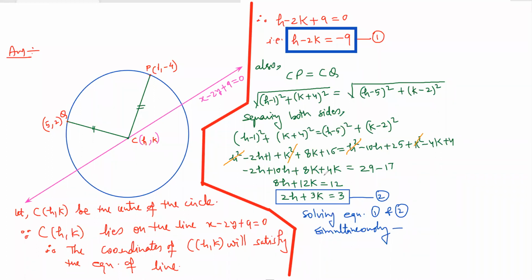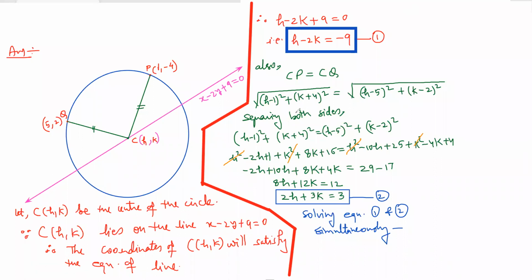So when you solve 1 and 2, you will get the value of h and k. Once you get the value of h and k, you got the center. After getting the center, apply the distance formula for CP. You will get the radius, or you can apply it for CQ also, any one of these. Once you got the radius, apply the center radius form and get the equation of the circle. So I hope you followed it. Do it, complete it now.